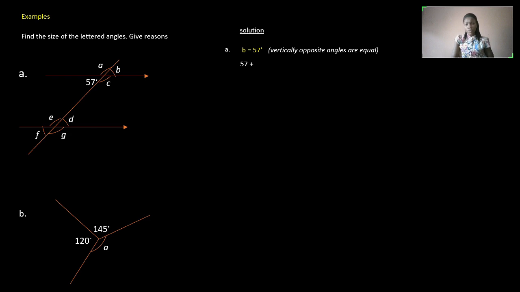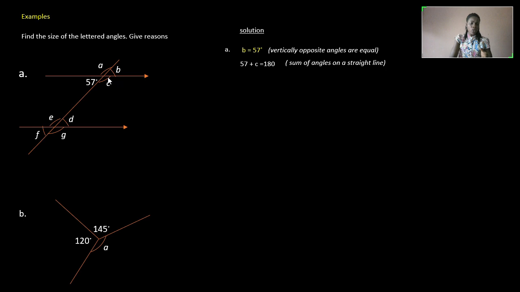So the next one is we are to find our C next. And finding our C next, if you watch, this is a straight line, and angle 57 and angle C are on that line. So for us to find our angle C, we are to add 57 to C and equate them to 180.